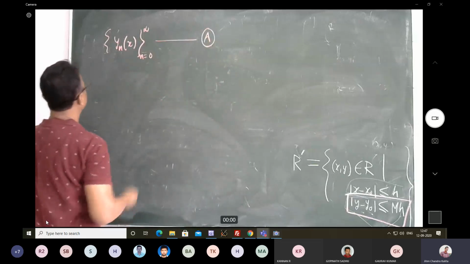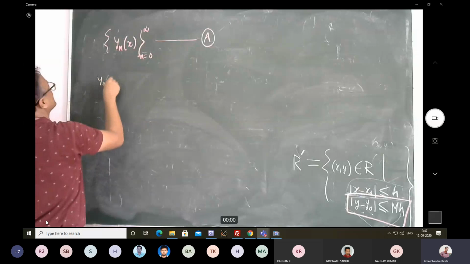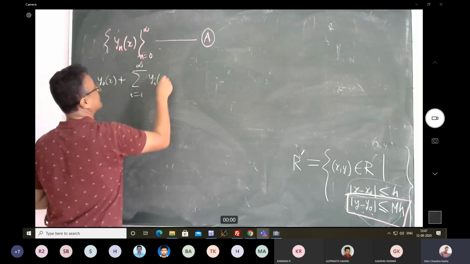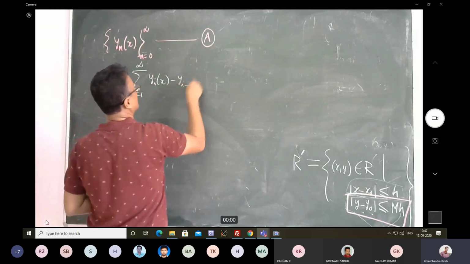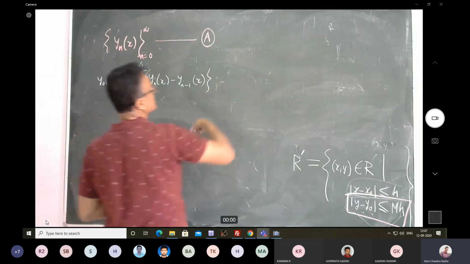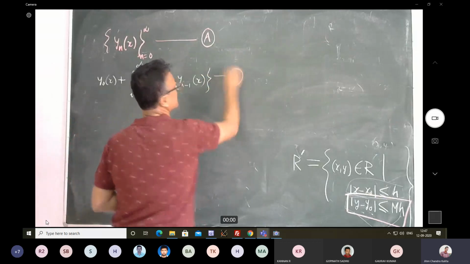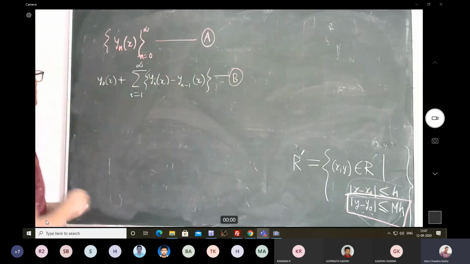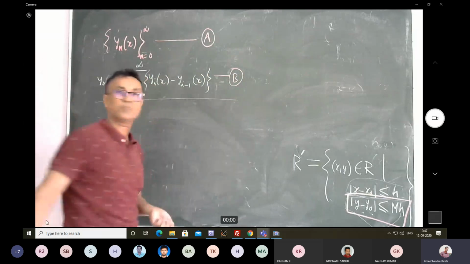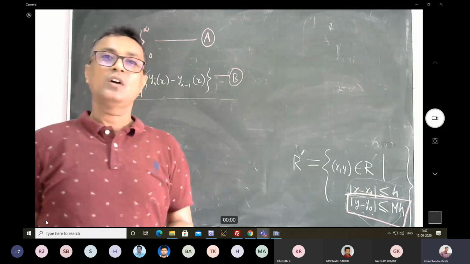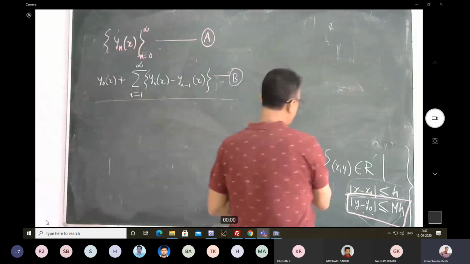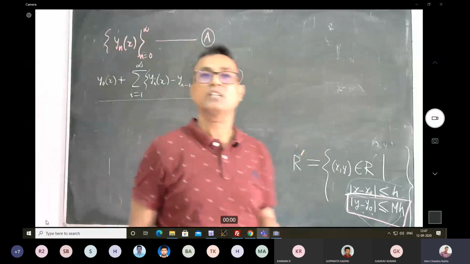And then this was the series B. What I'm going to do is prove that this series is convergent, and that it converges to a function y of x belonging to the subrectangle R prime. That is what I'm going to prove.